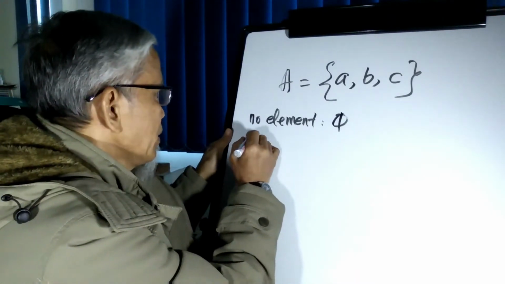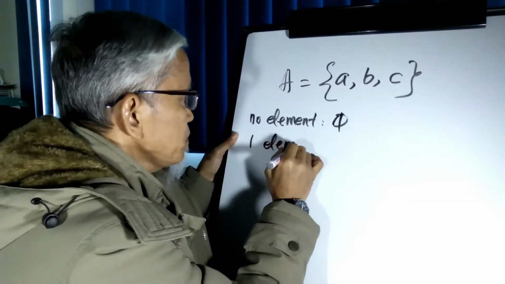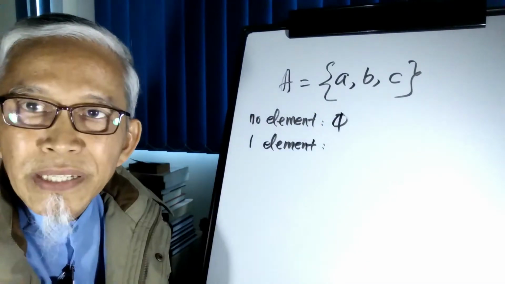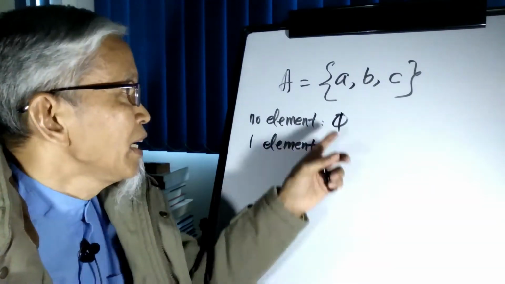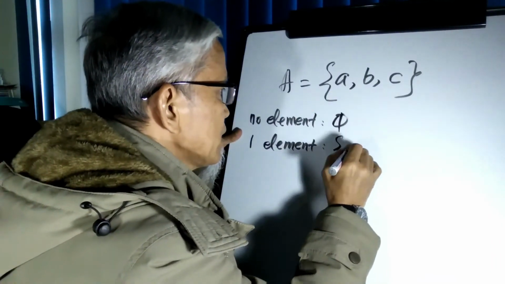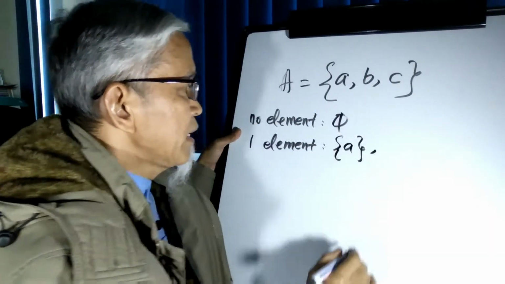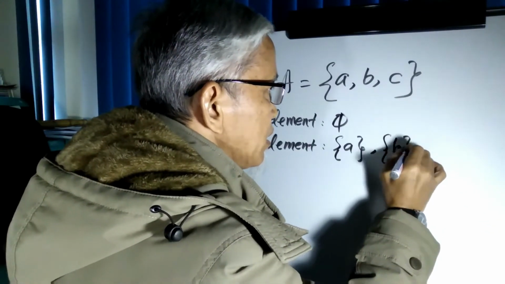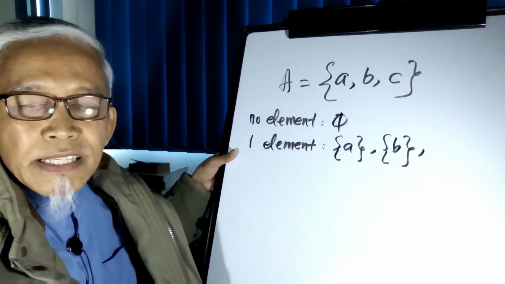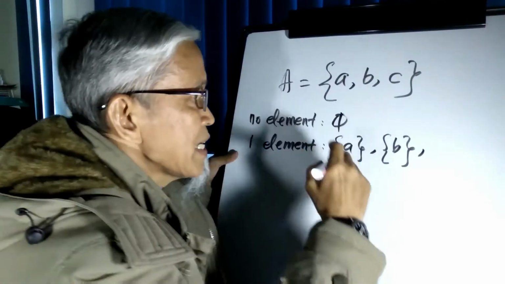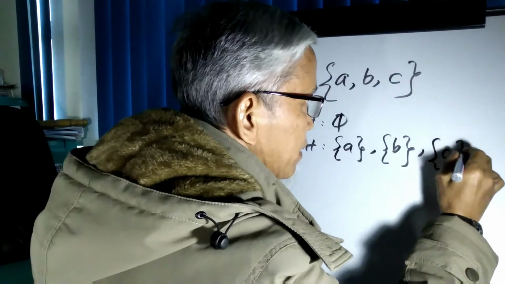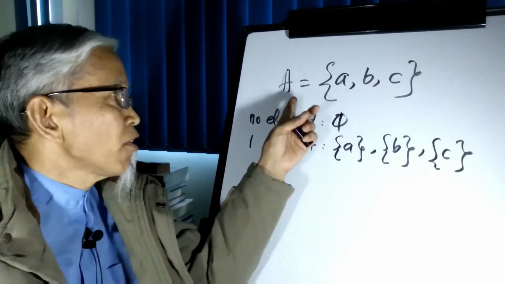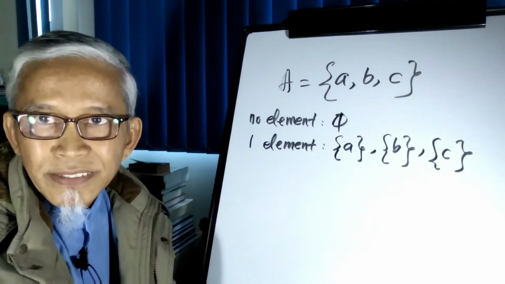Yes, we have 3 of them: the set with a only, the set with b only, and the set with only 1 element c. These are all the subsets of A with only 1 element.